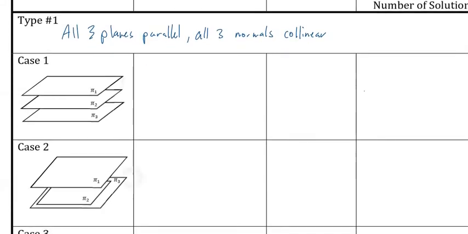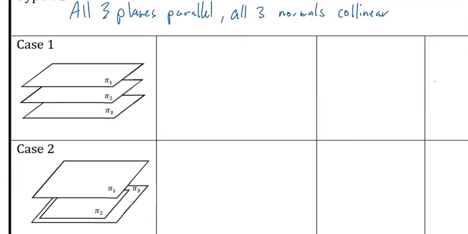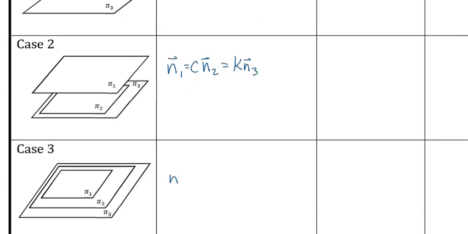So if they are scalar multiples, that's what we're actually looking for. Yep, that's right. n2 equals k of n3. So different scalars, that's why you see nk, but they're all scalar multiples of each other. And that's true for each of these 3 cases. The normals are collinear. They are scalar multiples of each other. So, whoops, started writing collinear there, I think.